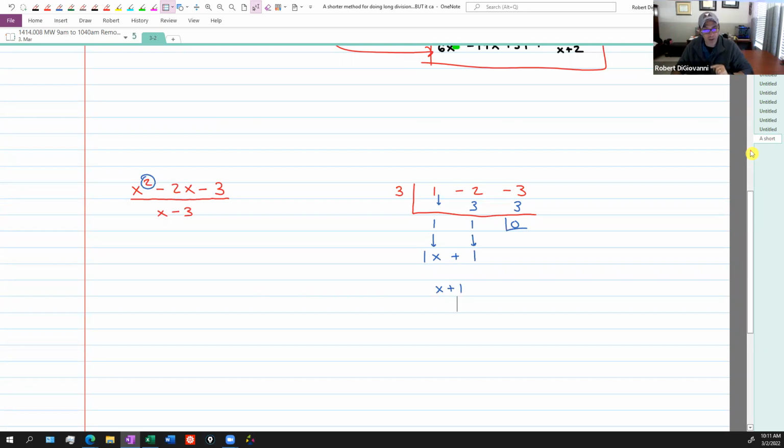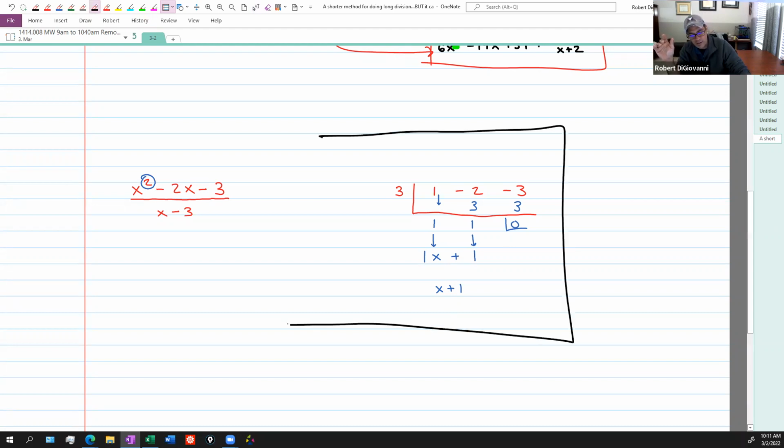But more importantly, for where we're headed, I want you to think about this. Focus all of your attention right here on this box. What this box really tells me is that if I take this answer, x plus 1, and I use the knowledge of where that 3 came from, the opposite of what was down here, then I could put next to this x minus 3.